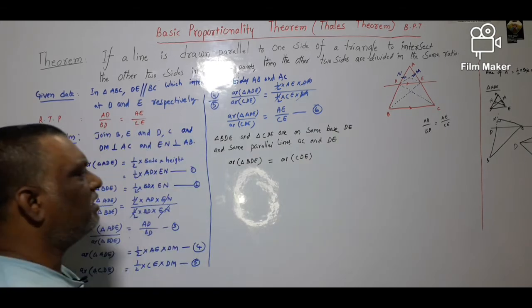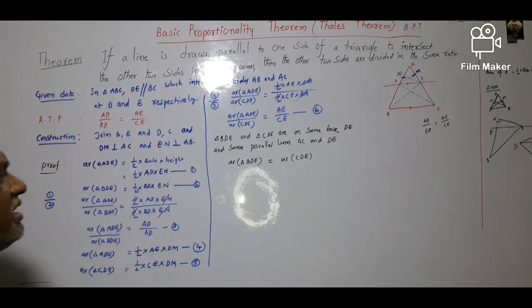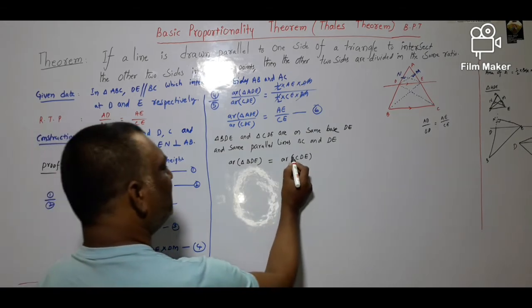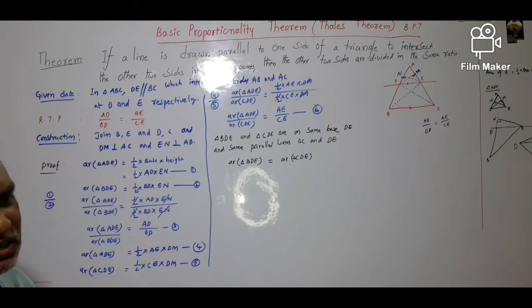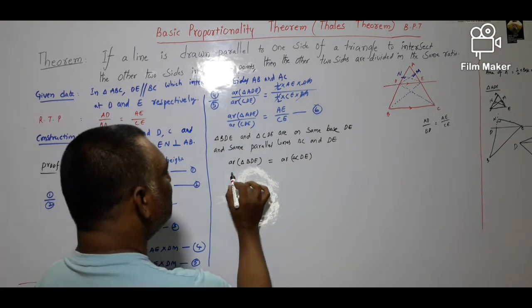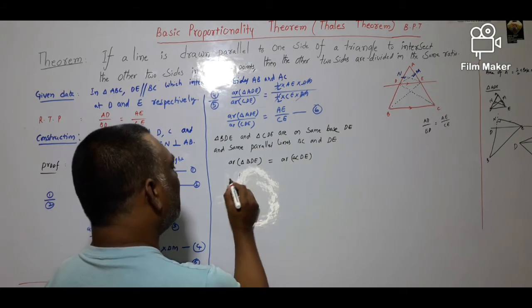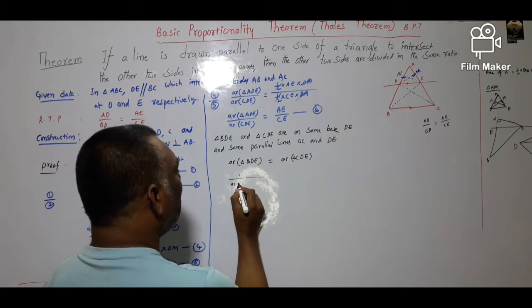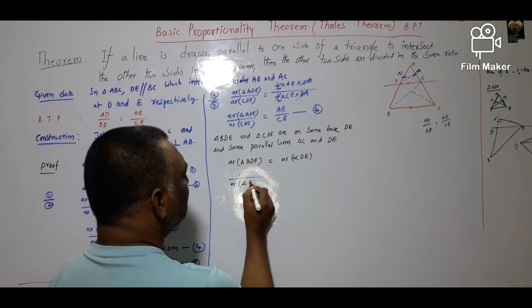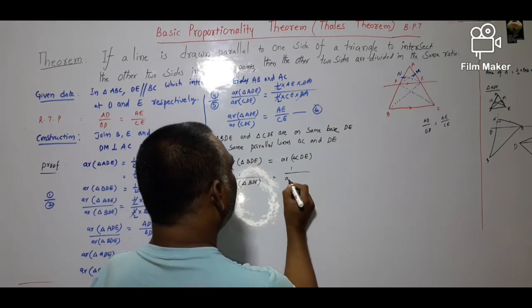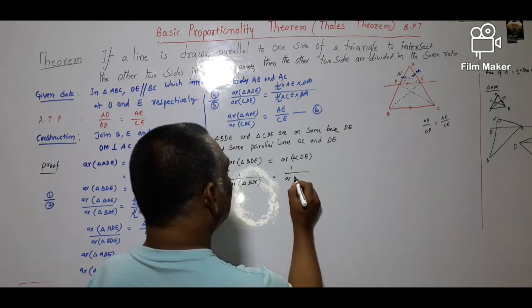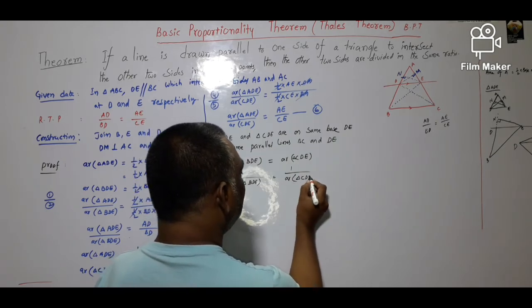Now take the reciprocal: 1 by area of triangle BDE is equal to 1 by area of triangle CDE.